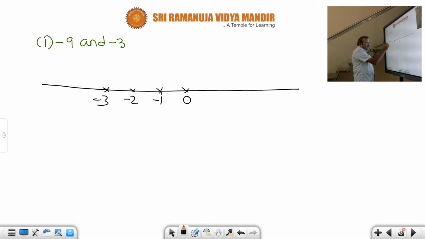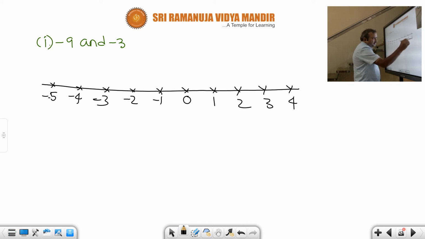Here it is -3. Here it is -4. Here it is -5. Like this. And if you go towards the right-hand side, it is 1, 2, 3, 4 and so on.